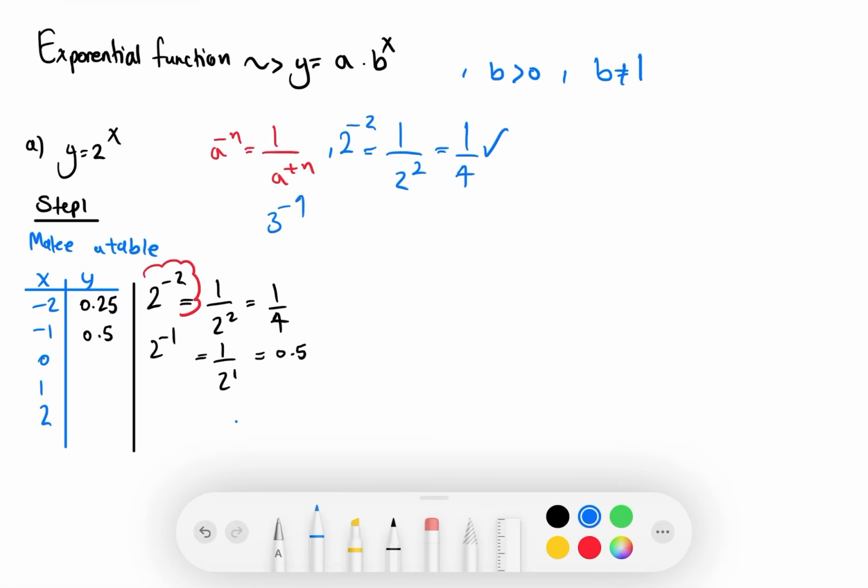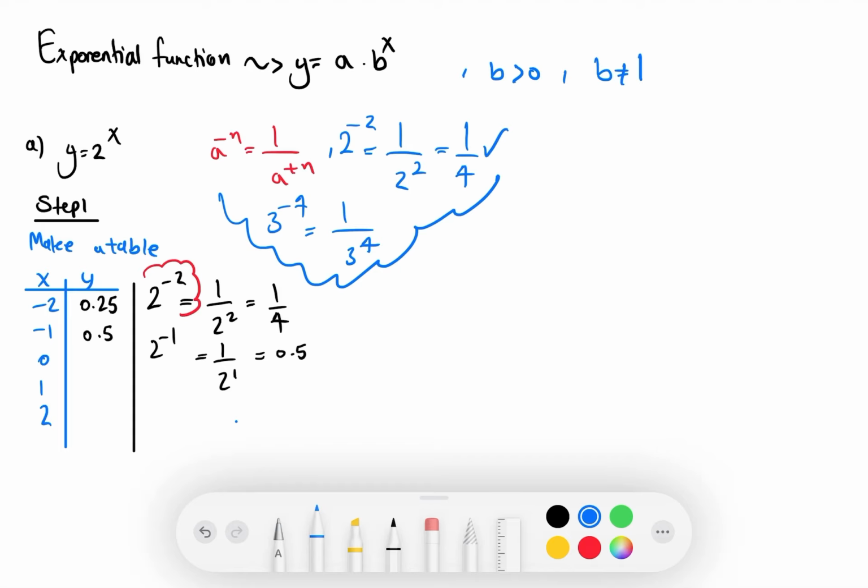Or 3 to the power of -4 can be written down as 1 over 3, but this time to the power of 4. So when you make it a reciprocal, the power can be written down as a positive. Of course, you can just use the notation of -1 on your calculator, or just raise it to the power of whatever the exponent is to find the value. But this was just some explanation for you guys to understand it better.